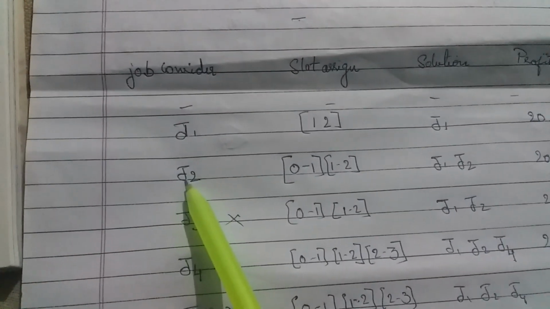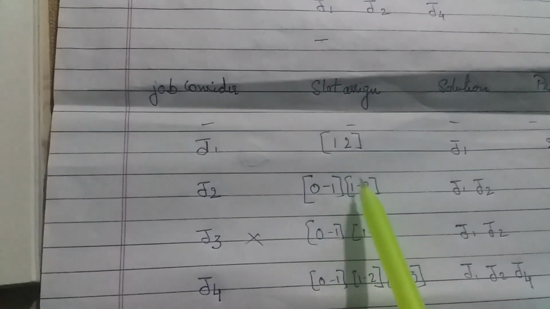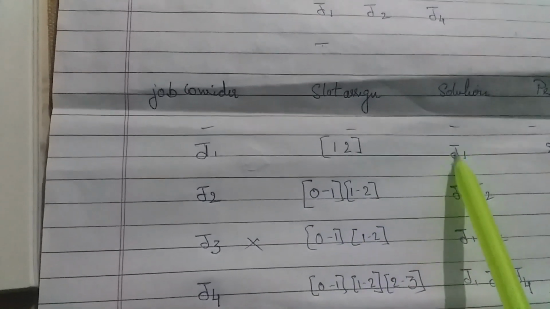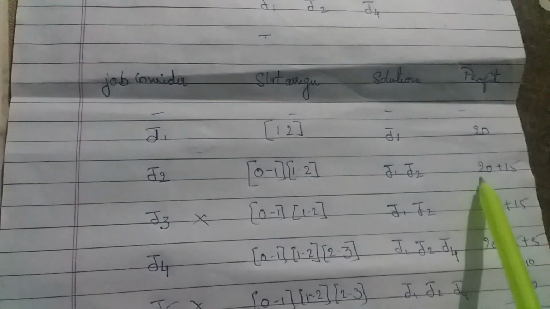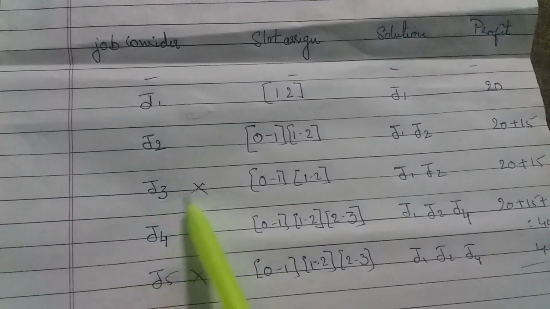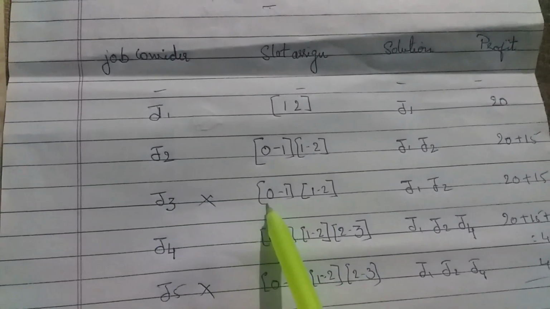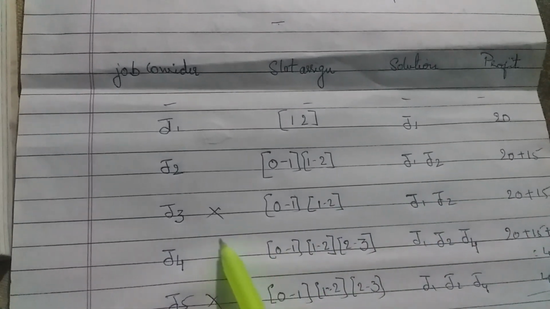Now J2 is also chosen, the time slot is 0 to 1 and 1 to 2 for J1, and the solution considered is J1 and J2, and the profit earned is 20 plus 15. Now J3 cannot be chosen because the time frame is 1, and the time slot is already allotted, hence we cannot choose J3.